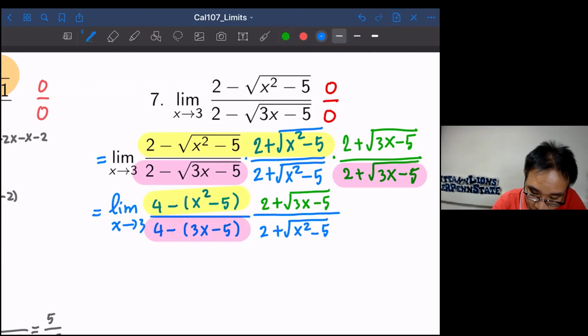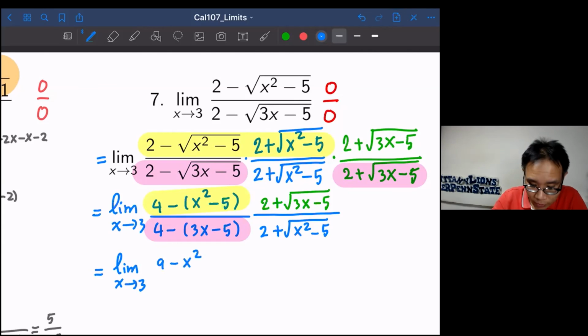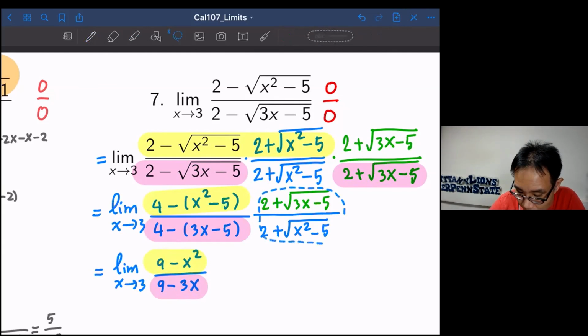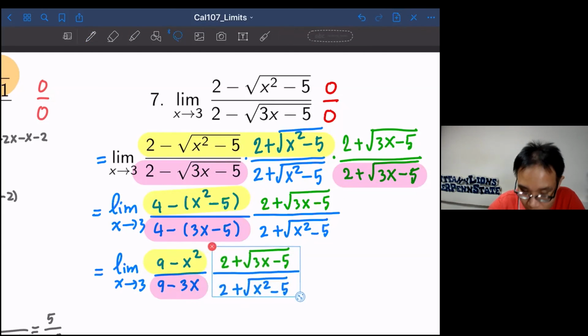And then you are able to have limit as x goes to 3. You see that the yellow guy gives you 9 minus x squared on top, and the pink guy is going to be 4 minus 3x plus 5, so it's 9 minus 3x. I will copy this term down; this term stays the same.